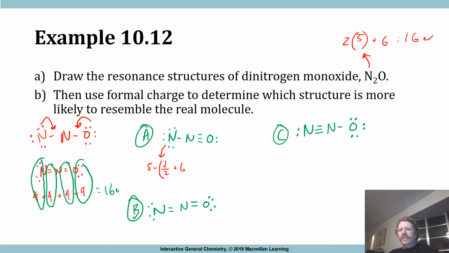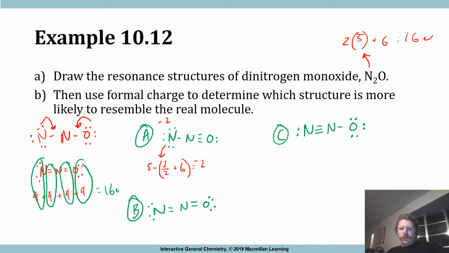I have a total of 6 unshared electrons. So the formal charge for this nitrogen in model A is going to be 5 minus 2 divided by 2, which is 1, plus 6. So 5 minus 7, which is equal to -2. I'm going to write -2 over this.